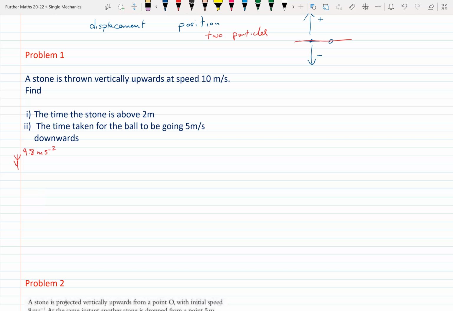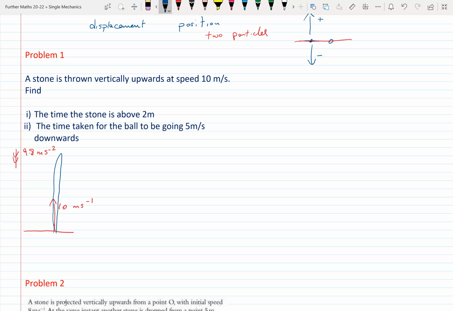In fact, we take gravity to be 9.8 meters per second squared downwards, and we've got something being projected upwards with speed, or velocity, 10 meters per second. Obviously it's going to go up and then back down again.